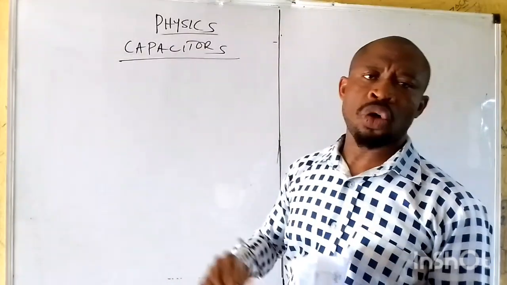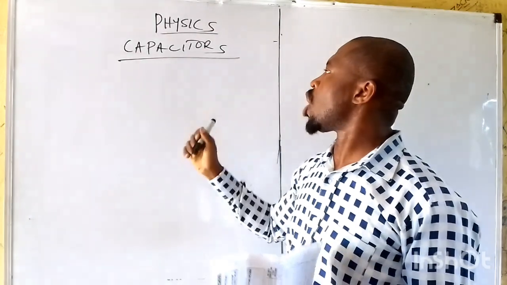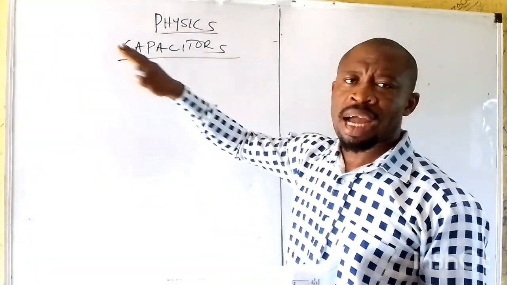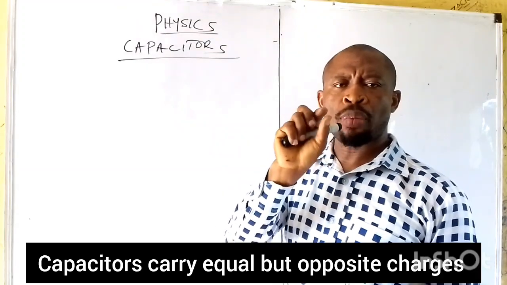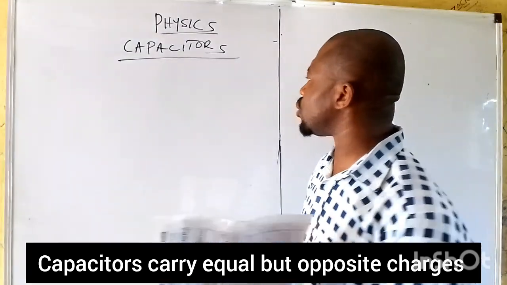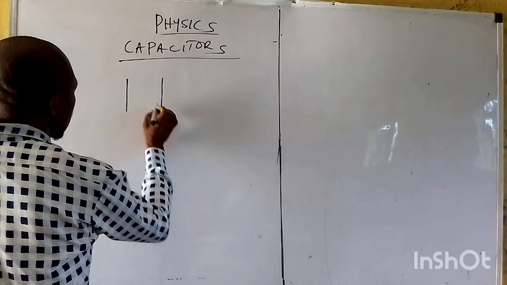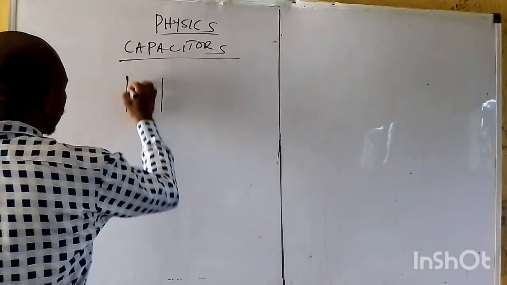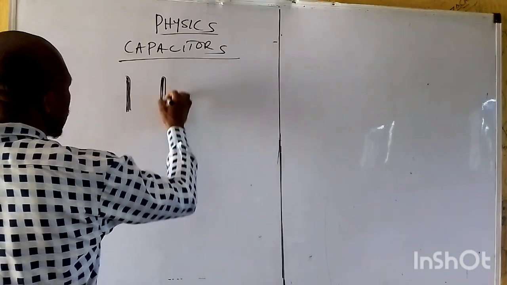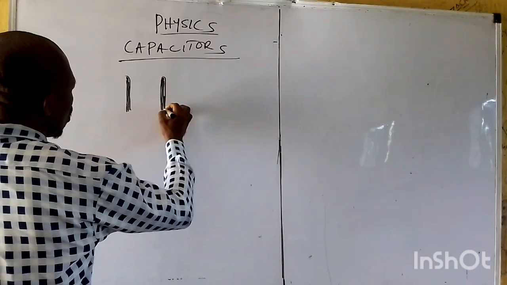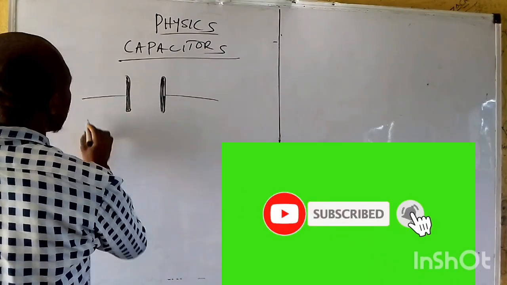In direct current also, capacitors store charge, and they are made of two equal but opposite charges. So if this is a capacitor, these are plates of two equal but opposite charges.